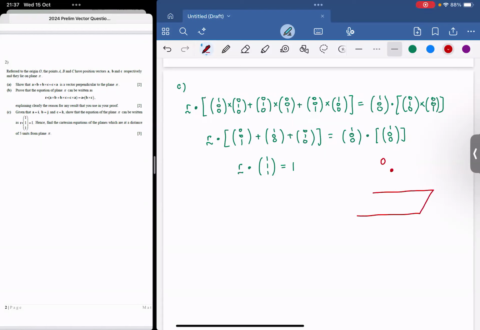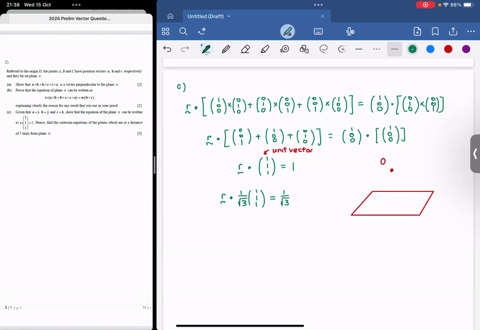So for this plane, we must first find out how far away it is from the origin. Before we can find the distance straight from the equation, you must change this to a unit vector. This part must be a unit vector. So what do we do? We divide by the length. So divide by 1 over square root 3. Here also divide by 1 over square root 3.